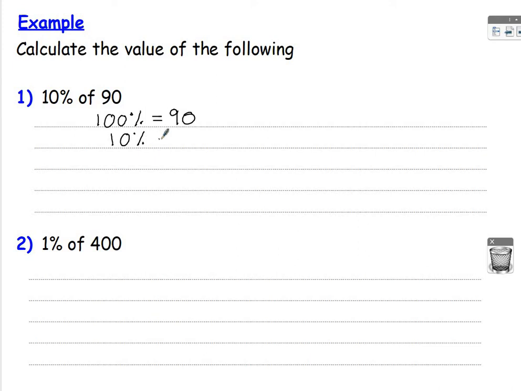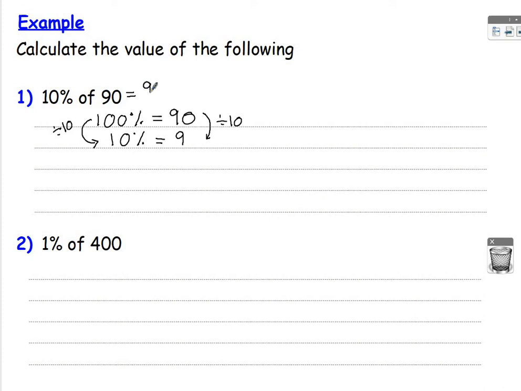How do I get from 100% to 10%? Well, I would divide by 10, because there's 10 lots of 10% in 100, isn't there? So we divide 90 by 10 to find 10%. So 90 divided by 10 is 9. So 10% of 90 is 9.